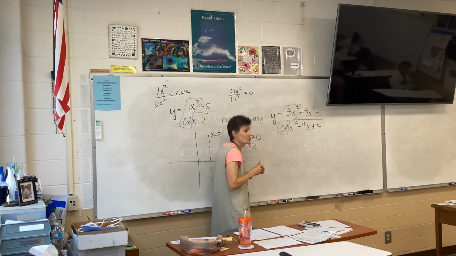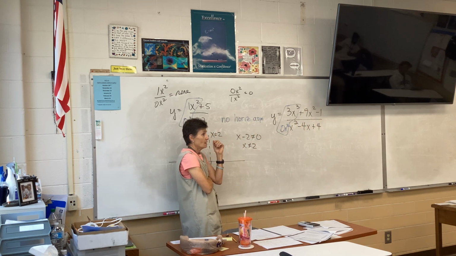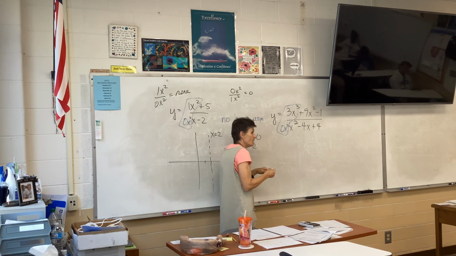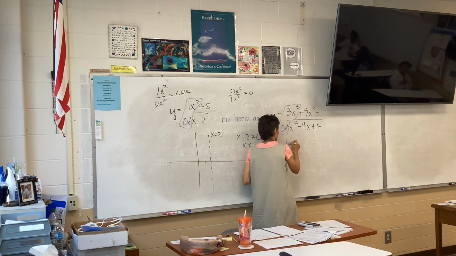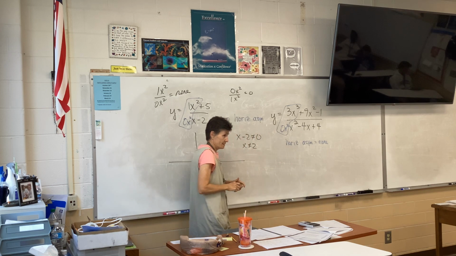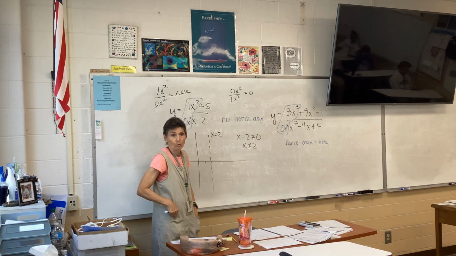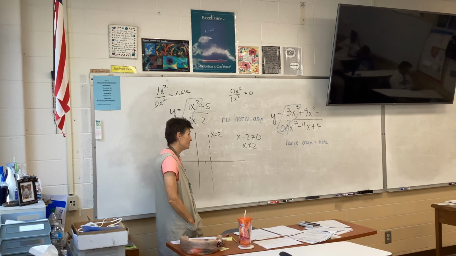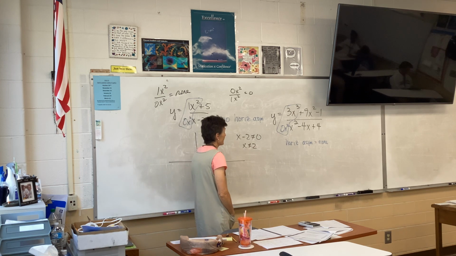But don't I have the same situation? I can't have 3 over 0. That is never allowed. So where's the horizontal asymptote? There isn't one. Not every picture is going to have a horizontal asymptote. And this is when you don't have one, when you got that situation.